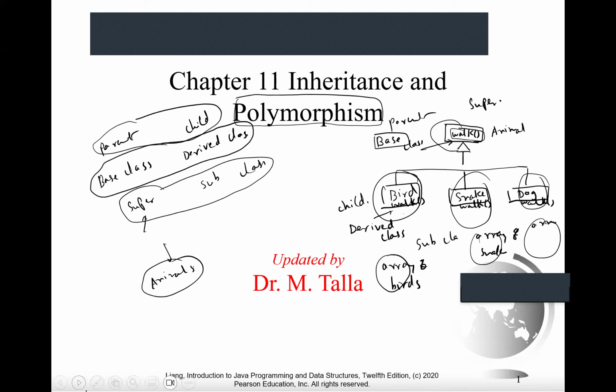You don't know how to write the walk method in the parent class, but you can write the walk method as abstract void walk. But I don't know how to walk. Put a semicolon there. That's it.